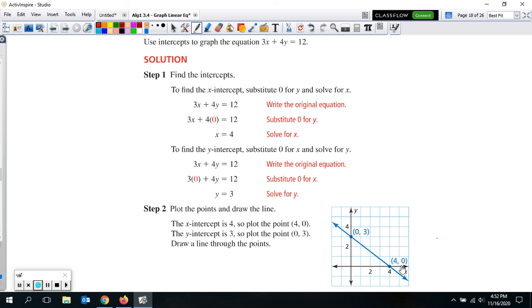As you can see, the arrows on the x and y axis keep on going forever in each direction. So you're going to put arrows on the ends of your line to show that it's going to keep going up this way, and it's going to keep going down the other way as well. So that's why it's a line. If you just connected the dots, we would call that a segment. And we don't want to graph just segments. We want to graph lines. So that's going to go all the way through.